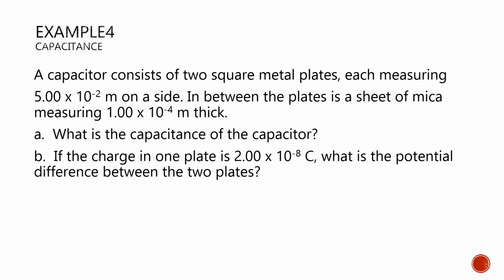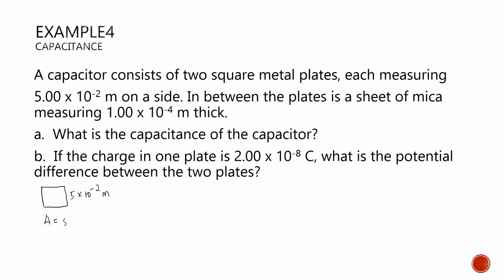Given this capacitor consisting of two square metal plates, each measuring 5 times 10 to the power of negative 2 meter on a side, and in between the plates is a sheet of mica measuring 1 times 10 to the power of negative 4 meters thick, what is the capacitance of the capacitor? Given the side of the plates, which are squares, we can solve for the area: side squared.